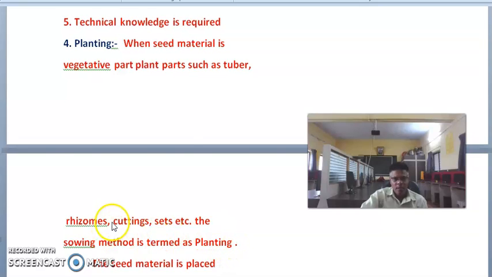For example, tubers of potato, rhizomes of turmeric and ginger, cuttings of different ornamental plants, sets of sugarcane, bulbs of onion or garlic, and gladiolus bulbs are also used as vegetative parts. It is known as the planting method.